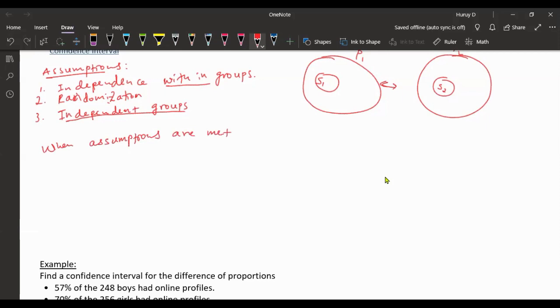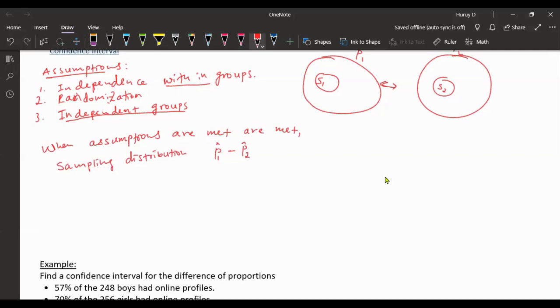When the assumptions are met, the sampling distribution of p hat 1 minus p hat 2.